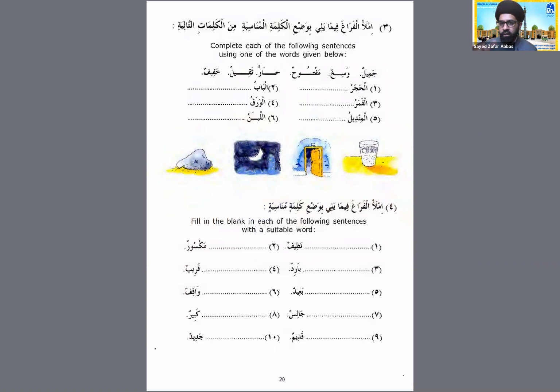We've got the words there, and we just need to put the right word in the right place. These are all the words that we've previously mentioned in the previous lessons. And as I say, each lesson will introduce a new word or a new rule, but it will build on the existing words and stuff that we've already learned.